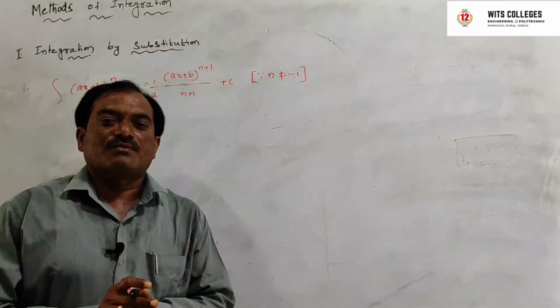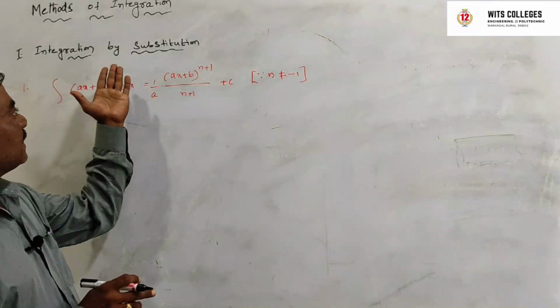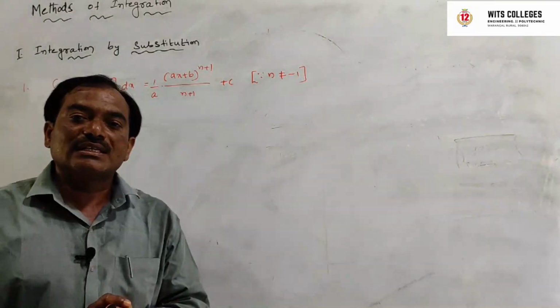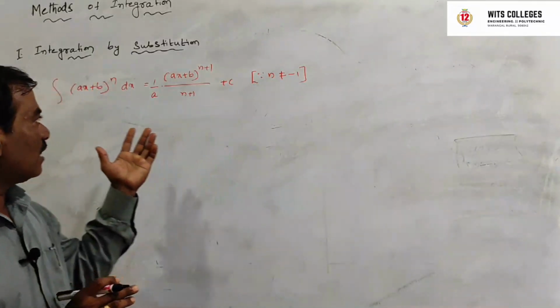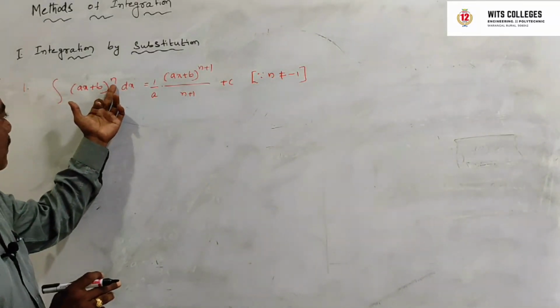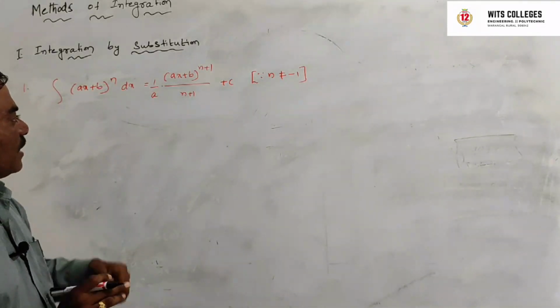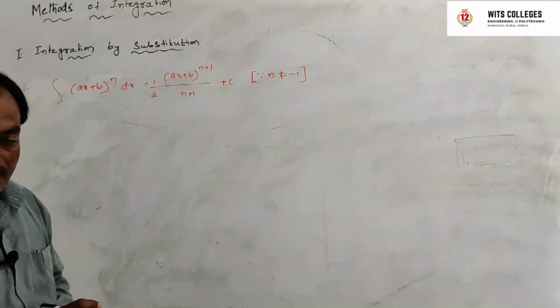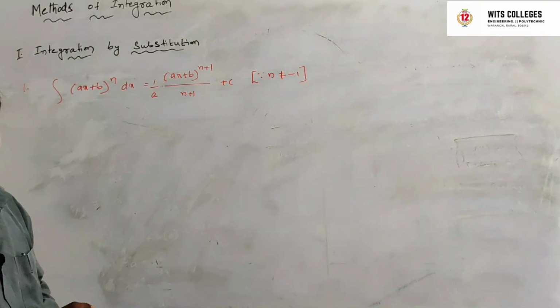Now we extend to integration by substitution into fundamental integral formulas. First we take this formula: integral of ax plus b whole to the power of n into dx equals 1 by a times ax plus b whole to the power of n plus 1 by n plus 1, plus c, when n is not equal to minus 1.